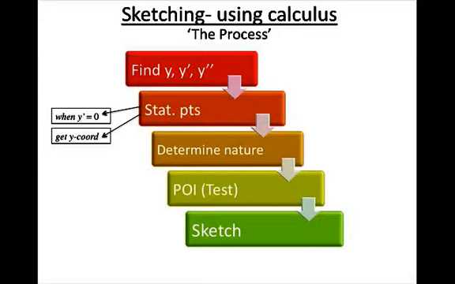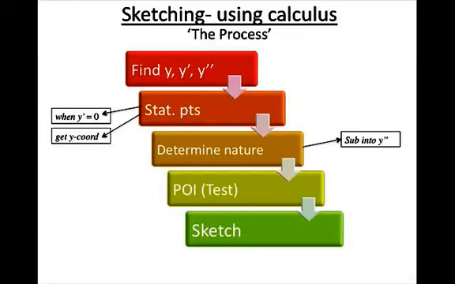You then want to learn what type of stationary point it is. That should just be the natural instinct. Alright, we found it, but what type is it? So we have to determine the nature. You should know this part well enough by now from the second derivative lesson. But if not, you sub the x value of the stationary point into the second derivative.